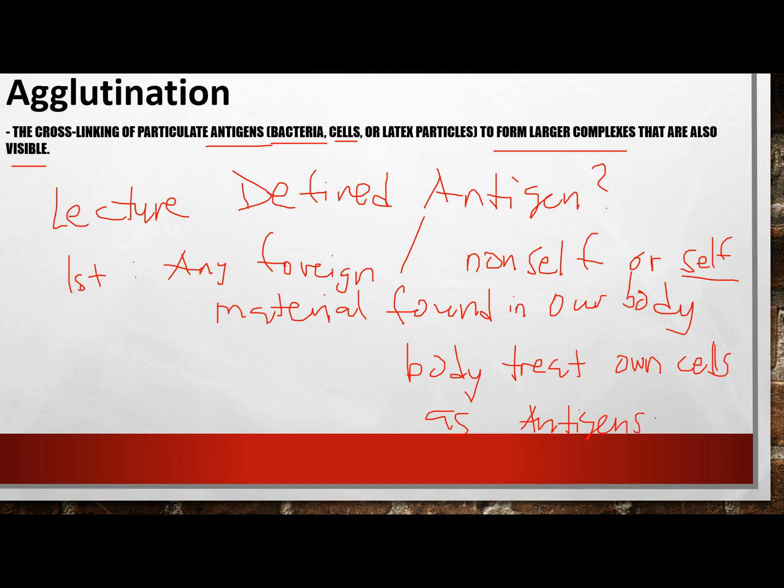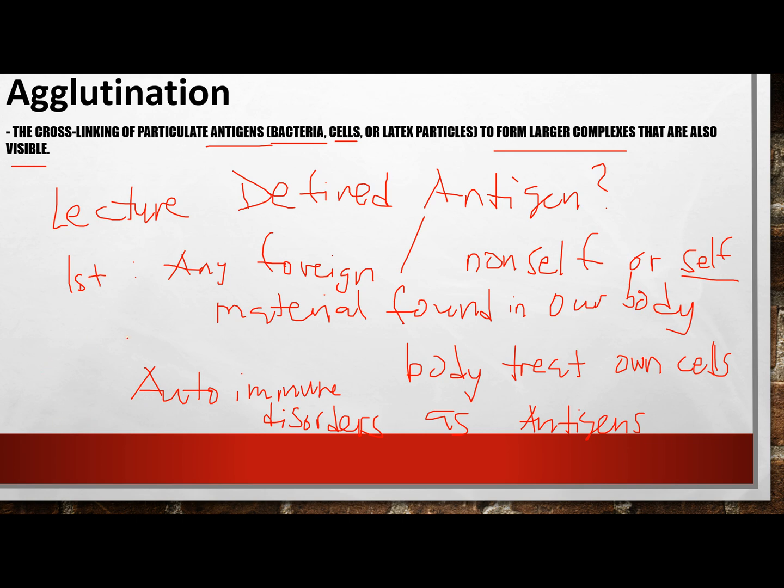And when this happens, a certain type of disease or series of diseases would occur, known as autoimmune disorders. Imagine, class, in autoimmune disorders, your own WBCs, your own antibodies are attacking your own cells.